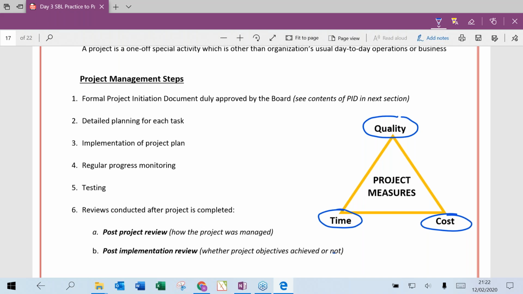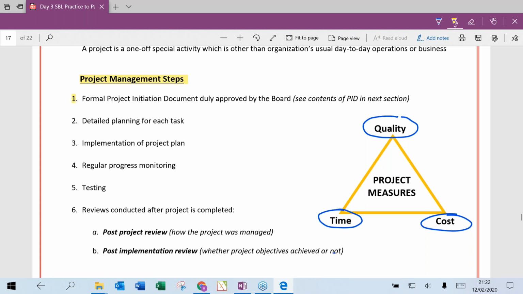If the board wants to track the progress of any project, they will look at three aspects: how the technical aspects are progressing, how the cost is progressing, and how the time or duration is progressing. So, project measures.